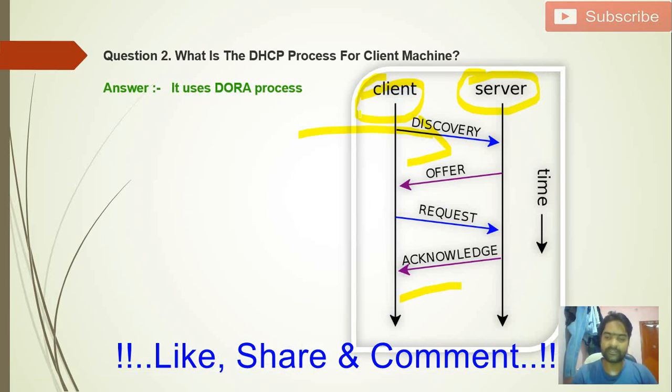It generates a broadcast to 255.255.255.255 to discover whether there is any DHCP server. If a DHCP server is available on your network, it will offer: yes, I am the DHCP server, I can offer you one IP address and the rest of the information.